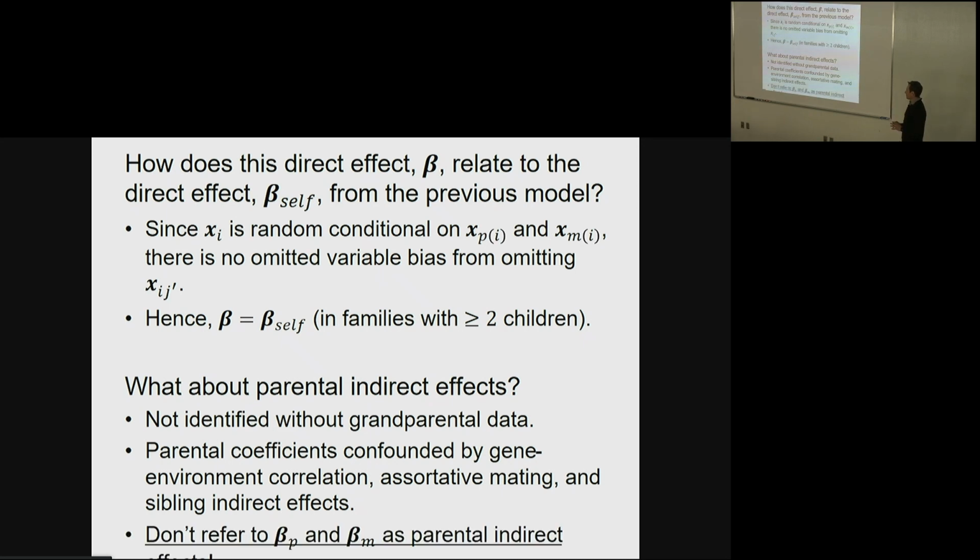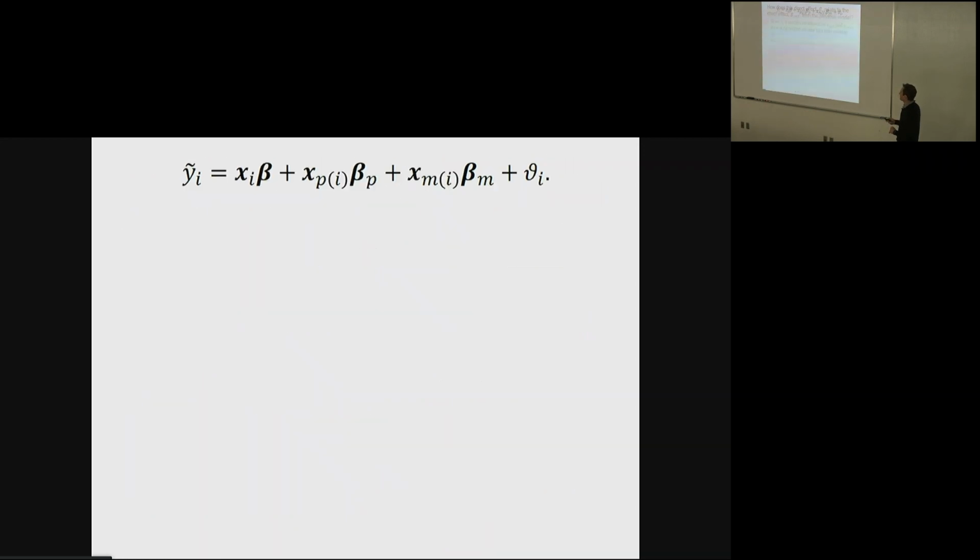So, back on my soapbox: don't refer to these coefficients on the parental PGIs as parental indirect effects, because that's not necessarily what they are. Let's call them something more neutral, like parental coefficients, and acknowledge that they have these other biases. So we really don't know what the magnitudes are of these parental indirect effects.